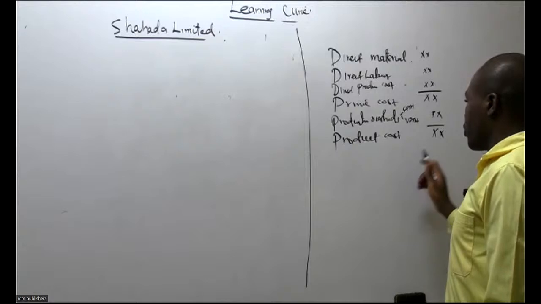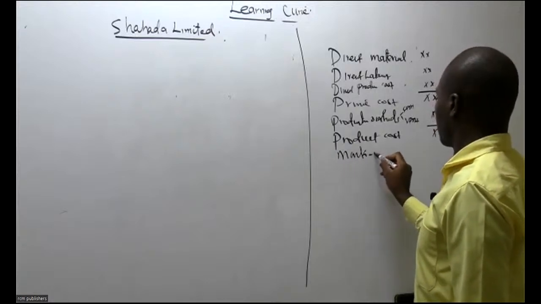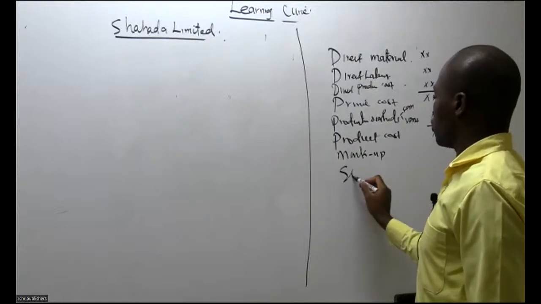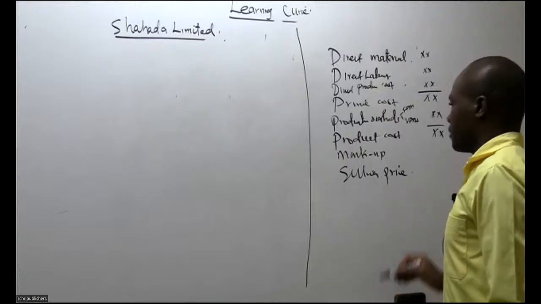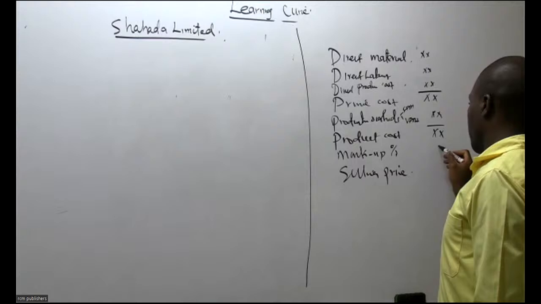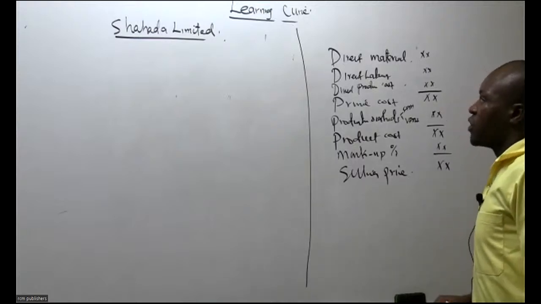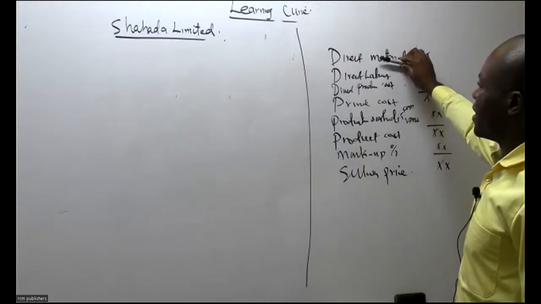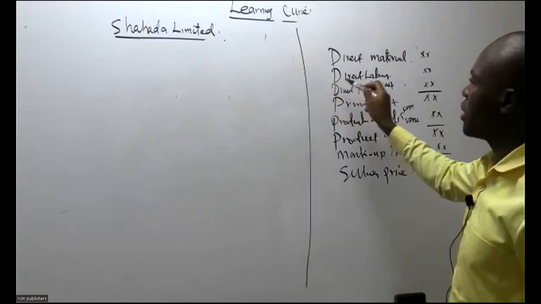After having the product cost, you give us markup for us to arrive at the selling price. Maybe a given percentage of the production cost. So all this, I think, is given. The only thing they have not given you, which you need to calculate under this topic, is this one here.